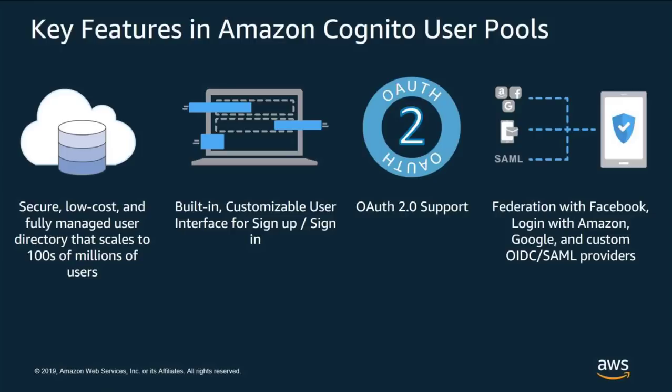And finally, if you think about a lot of modern apps that you're using these days, whether it's a consumer-facing application, more often than not, app developers want to be able to offer social login choices like sign in with Google, sign in with Facebook, log in with Amazon.